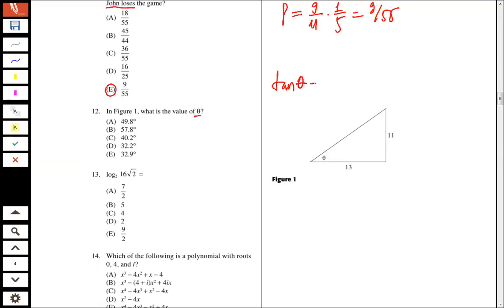Tan of theta equal opposite side over adjacent side. Of course, I mean the side that is adjacent to the angle.